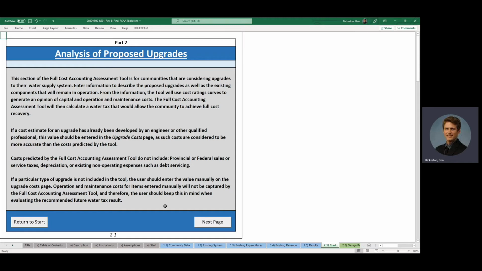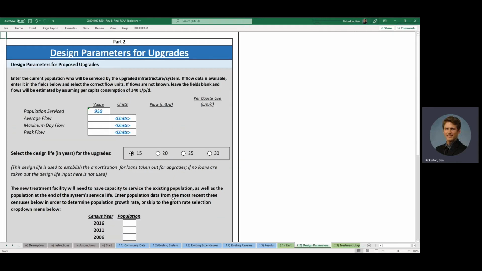This is not meant to substitute for an engineering study of potential upgrades to the water supply system. Those types of studies would produce more accurate results because they would take into account site-specific factors. However, this does provide a high-level estimate for the types of upgrades that we can look at with the tool.